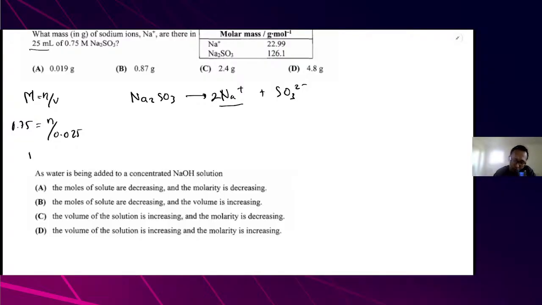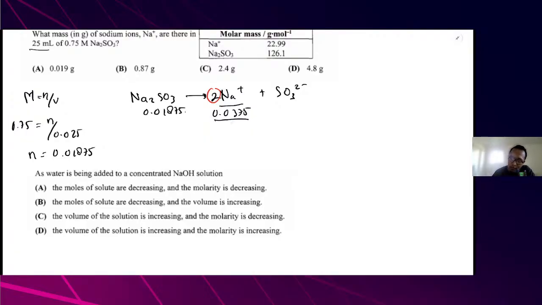So we end up getting moles of 0.01875. Remember the coefficient here is 2, so it will be 0.0375. Now we already know the moles of Na+.